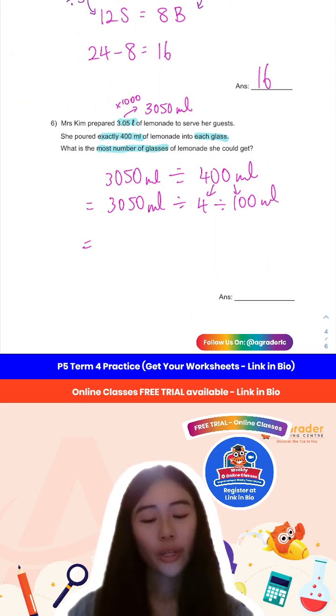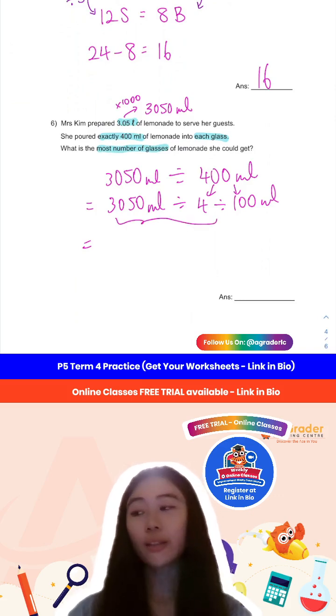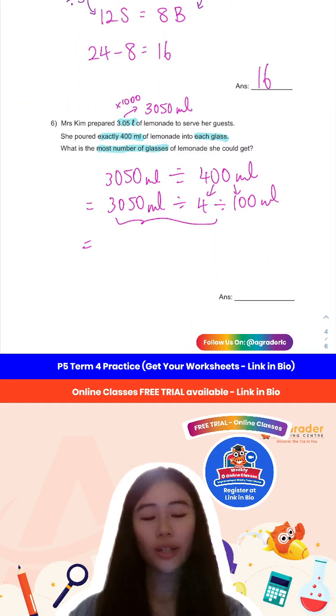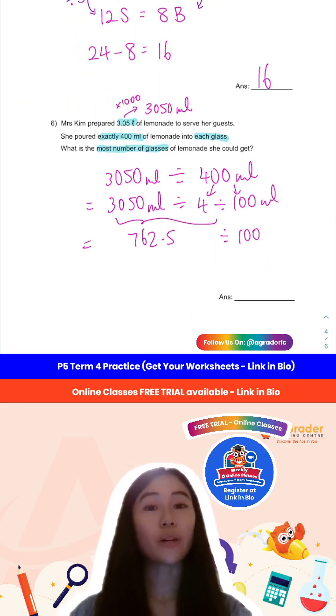Okay, so you can use long division to calculate 3050 divided by 4. Okay, so let's see what that equals to. You will get 762.5. After that, then you divide by 100.